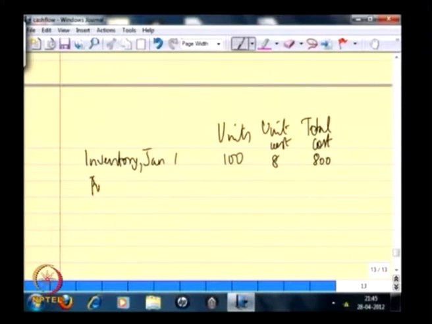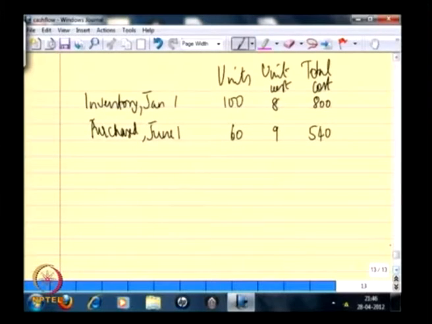Then I purchased some more inventory later, and I purchased 60 units which cost 9 rupees per unit. So, the total cost is 540, and again on October 1 I purchased additional 80 units at the cost of 10 per unit, making the total cost 800.